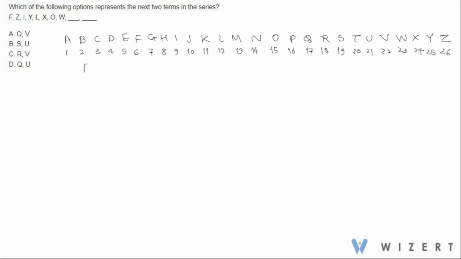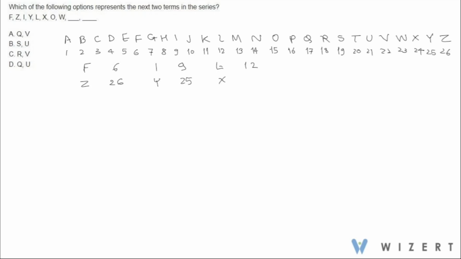So F means 6, Z means 26, I means 9, Y means 25, L means 12, X means 24.